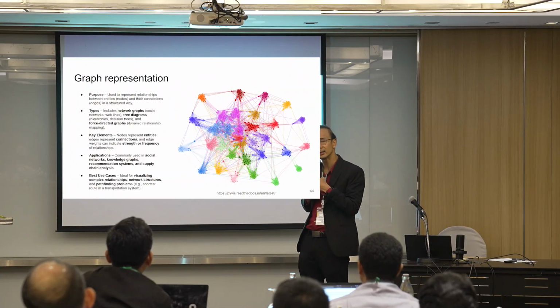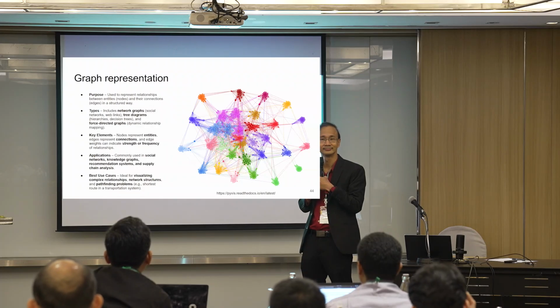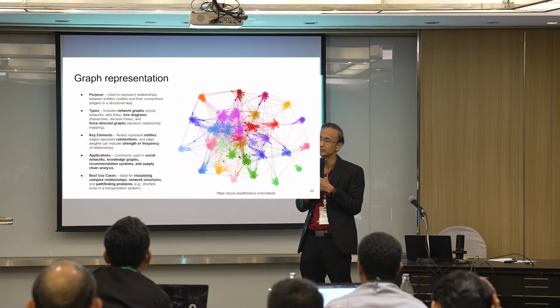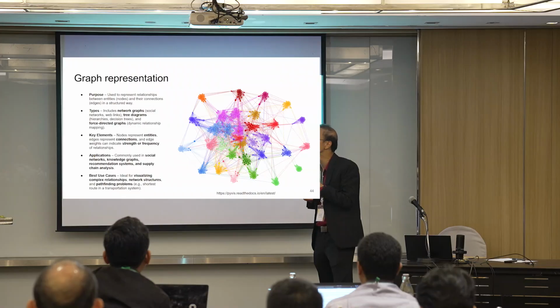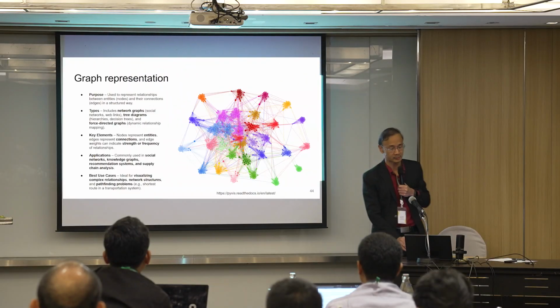Any other situation that you think we can use a graph to present? No idea? Maybe some network of gangs or scammers. Maybe you can use a graph to present their relationship, right? That's also possible as well.